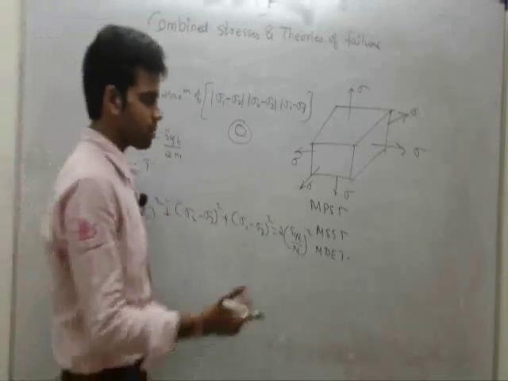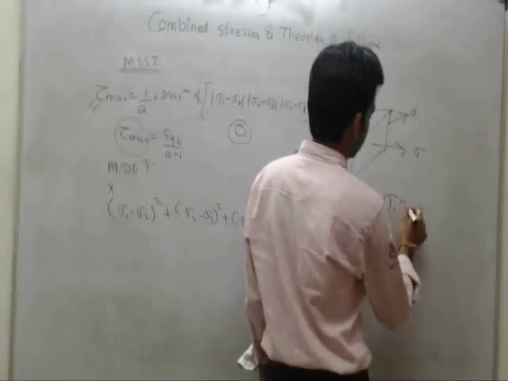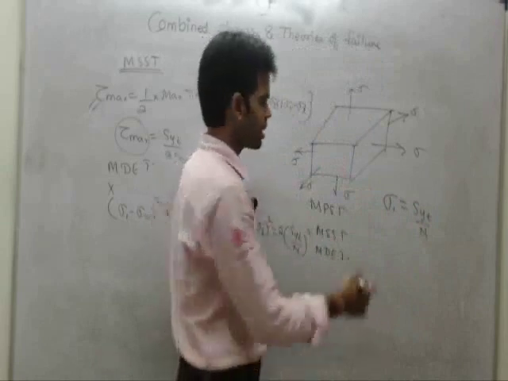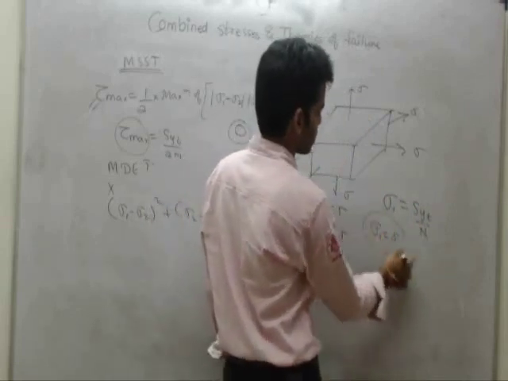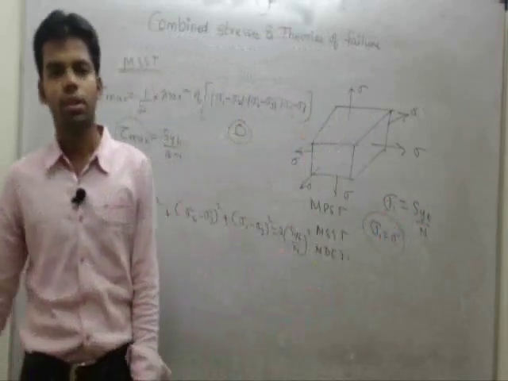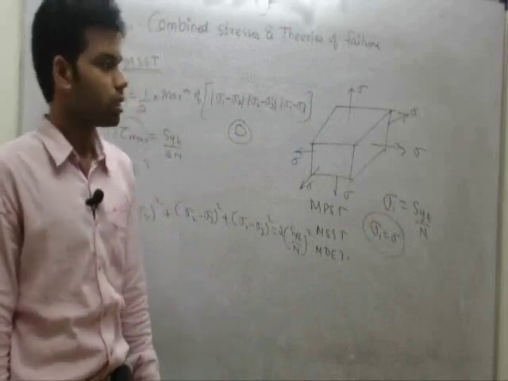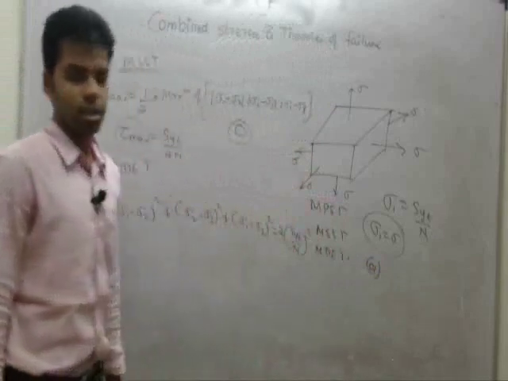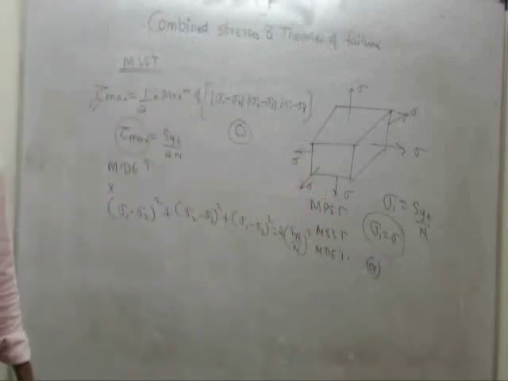Okay. According to maximum principal stress theory, this sigma 1 is equal to SYT by n. Okay. And sigma 1 here in this case is nothing but sigma. So this can be solved with the help of this maximum principal stress theory. Okay. So the answer should be A, maximum principal stress theory. Getting this? Okay. Next question.